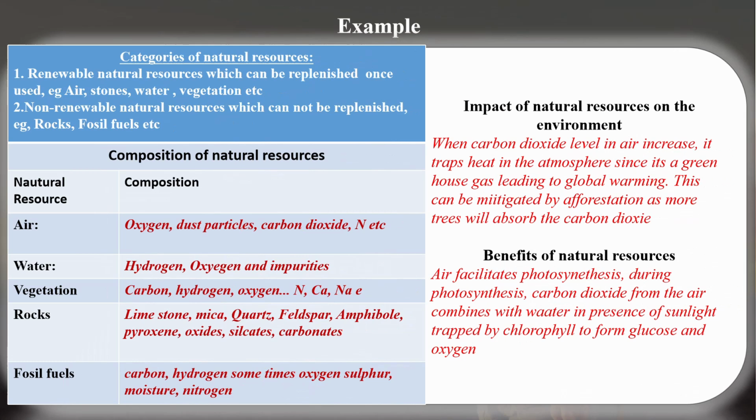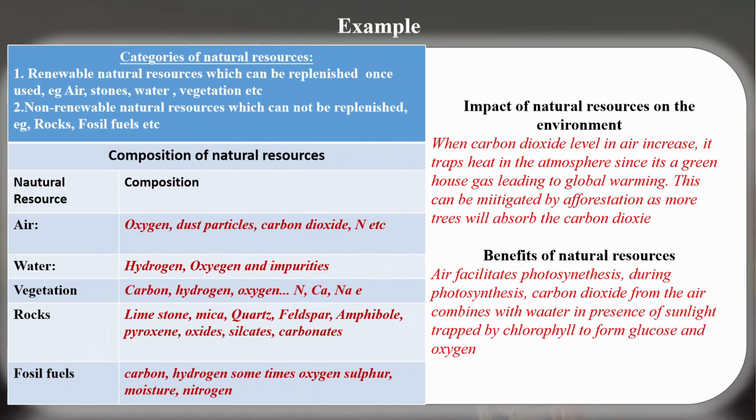Rocks are composed of limestone, mica, quartz, feldspar, amphibole, pyroxene, oxide, silicate, and carbonate impurities. Fossil fuels are basically composed of carbon and hydrogen. Sometimes they also have components of oxygen, sulfur, nitrogen, and moisture.